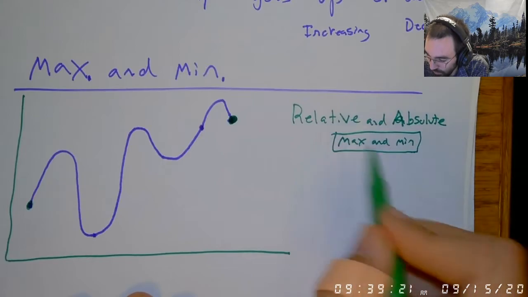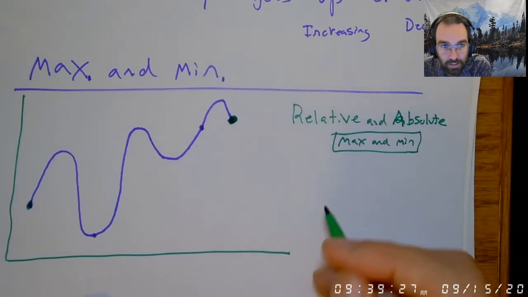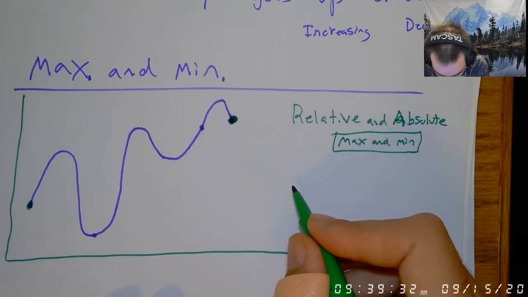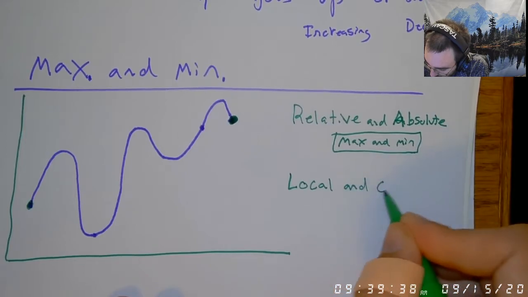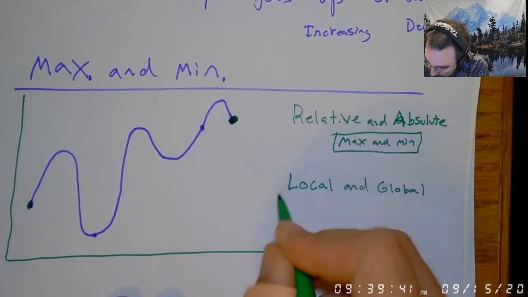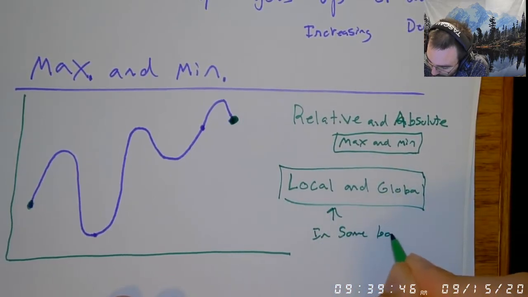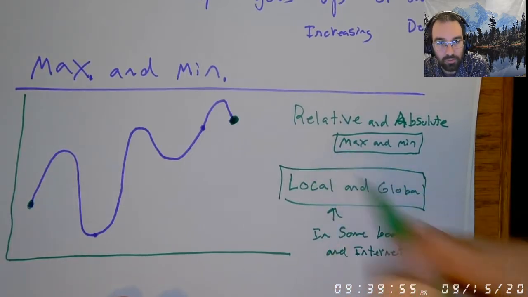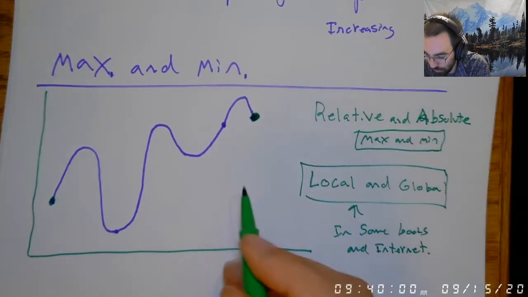So you can have relative maxes, absolute maxes, but just so people are on the same page, some people call it local and global. Okay, so in some books and internet, local and relative are the same, absolute and global are the same. Your book uses relative and absolute, so I'm going to go ahead and use relative and absolute.